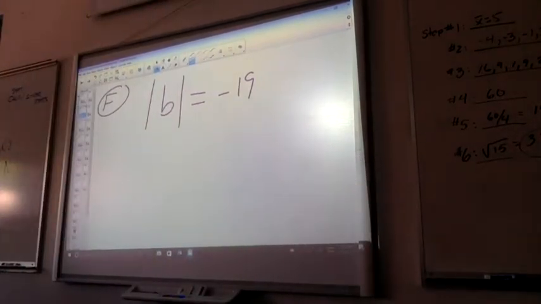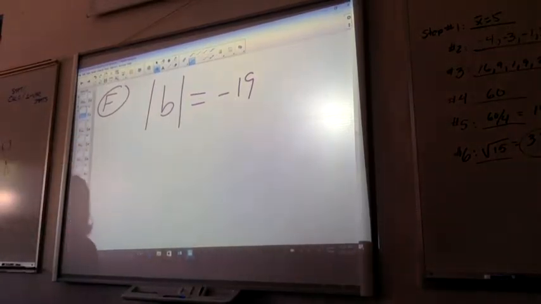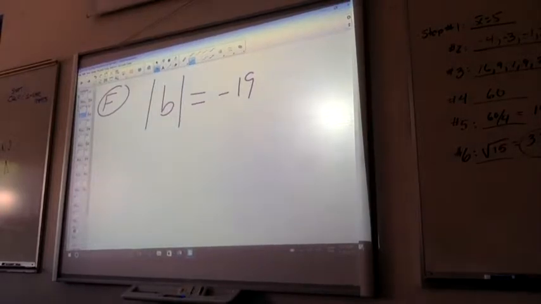Even if I put negative 1 billion in for b, the absolute value of negative 1 billion is 1 billion. So this one doesn't have a solution.